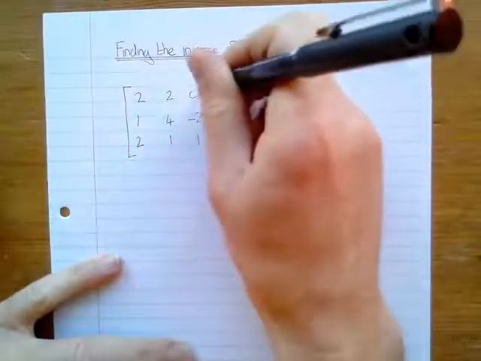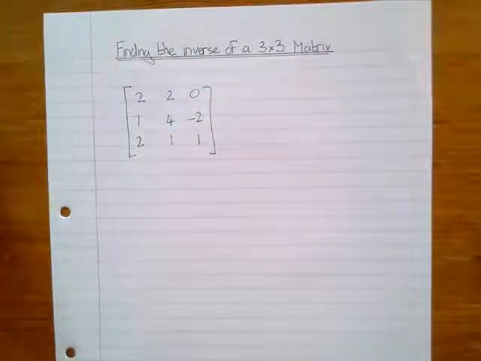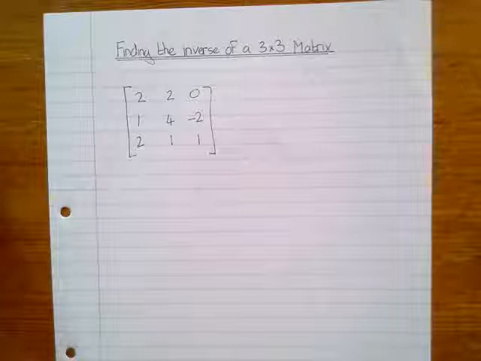So we're going to find the inverse of this matrix if it exists. It does exist, or I wouldn't be doing this example. We'd know it didn't exist if the determinant was 0. Okay, well, we'll come on to that later, but this one, it does exist. So we're just going to go on ahead and actually do it.